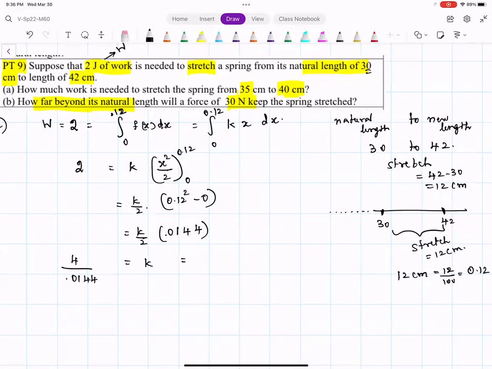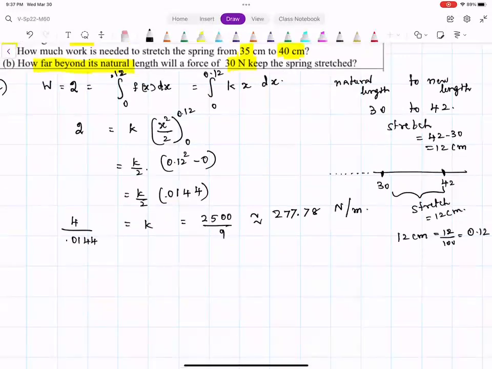That k will turn out to be 2500 over 9, which is approximately 277.78 Newtons per meter. So this is the first part. We can even keep it as the fraction 2500 over 9, which is a better figure, so that we need not have the decimal value there.